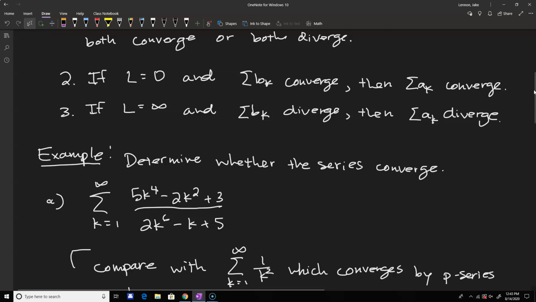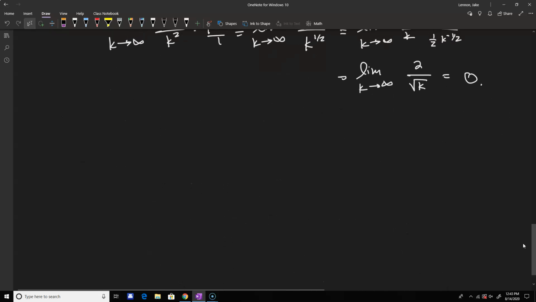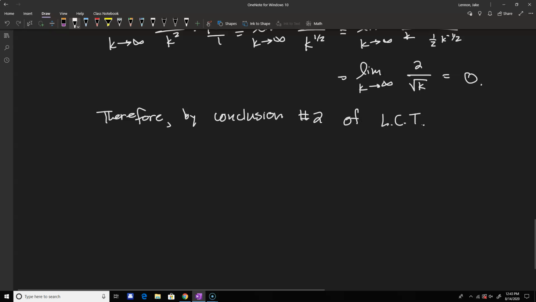So the series that we're looking at also converges. Therefore, by conclusion number 2 of the limit comparison test, the series natural log of k over k squared converges.